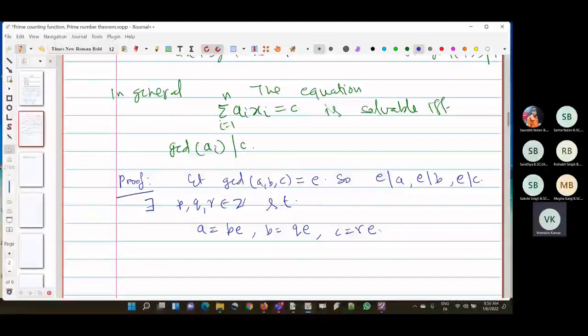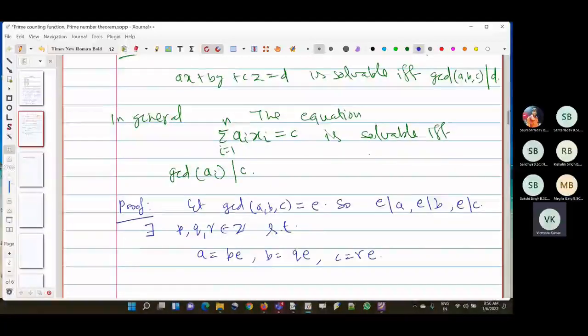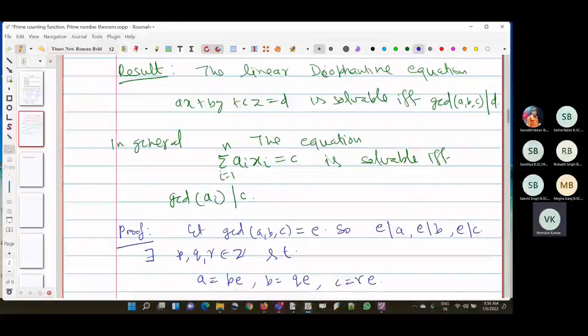All right. So what we have assumed in the starting is that this is solvable.